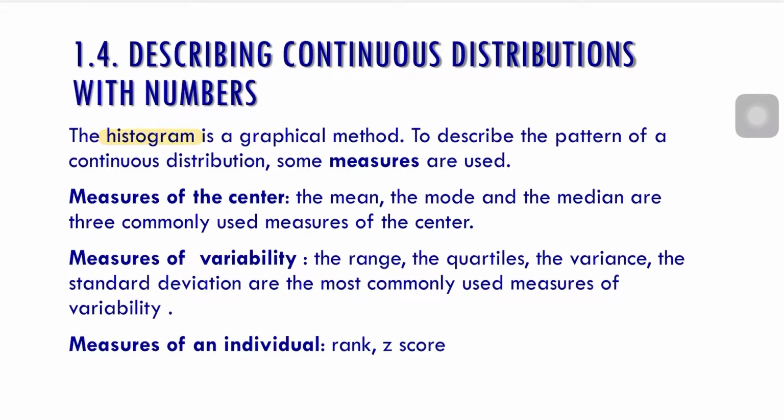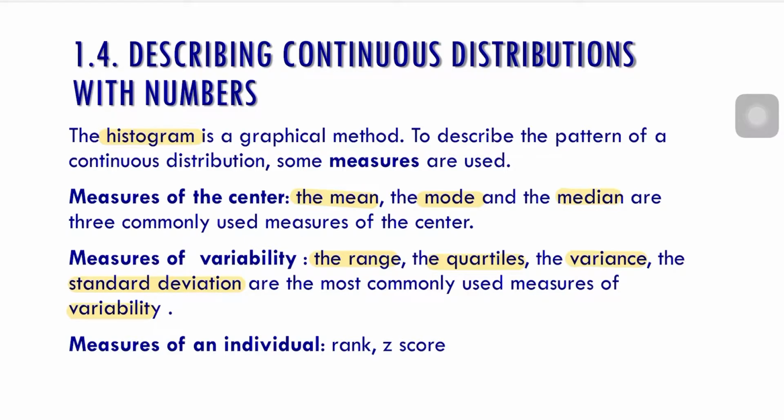For example, for the measure of the center, we can usually use the mean, mode, or median, because in this case we can see good information about our data. And for the variability, usually we can use the range, which can show between which values, or quartiles, or variance, and standard deviation.